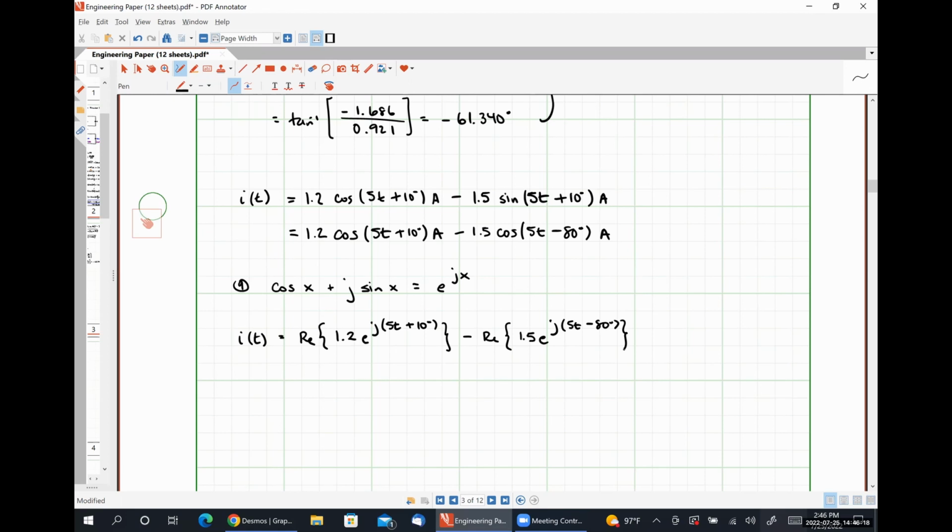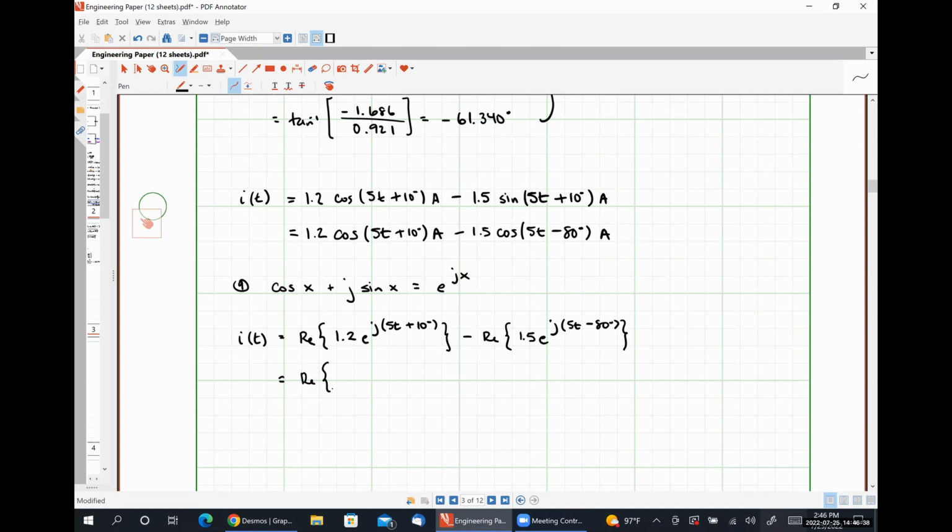Now, we're going to use our calculators. And to use our calculators, we have to express these complex numbers in a polar form. Okay.